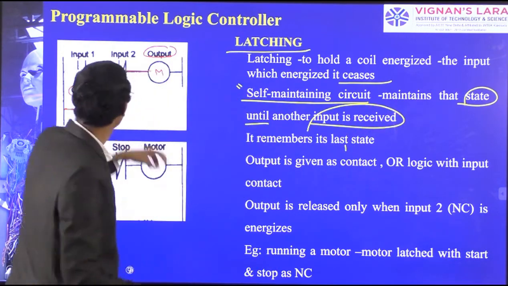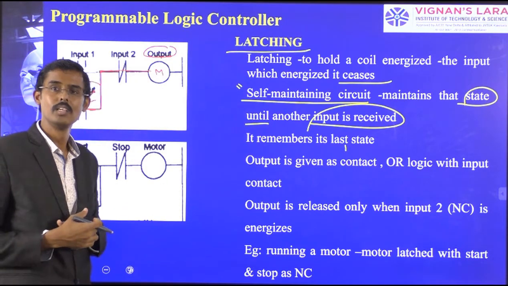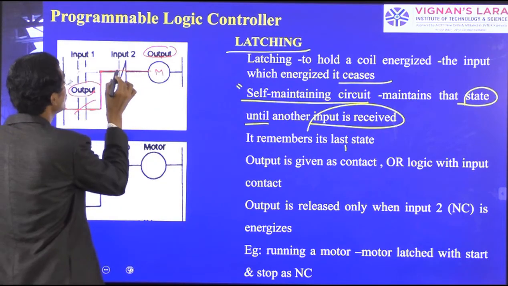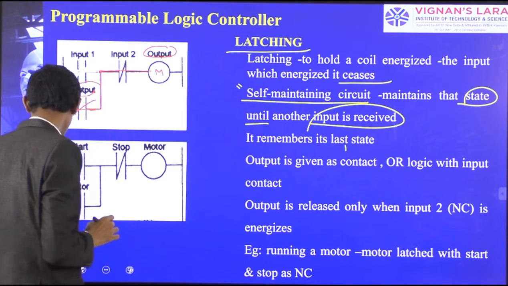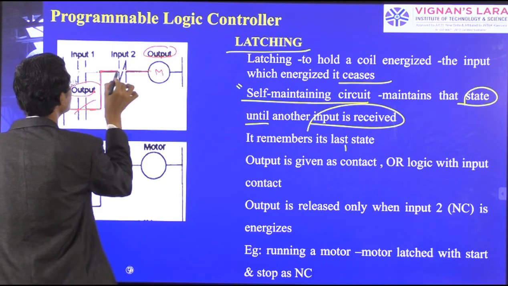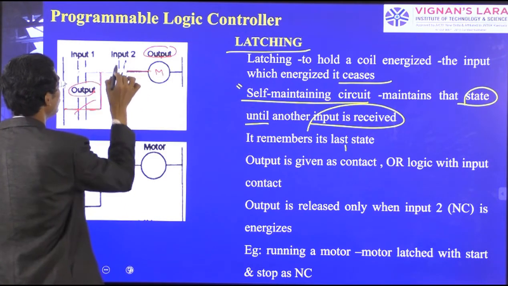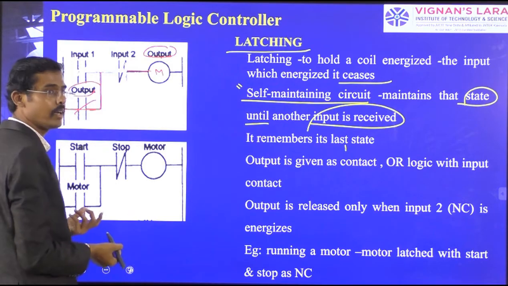What is the other input? The other input is input 2. When I give the second input to disconnect this, the power circuit won't go there. When the input circuit is disconnected there, what happens?